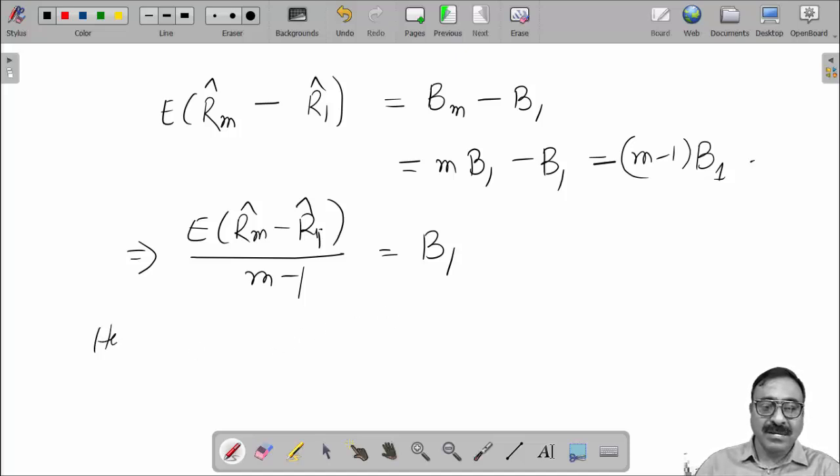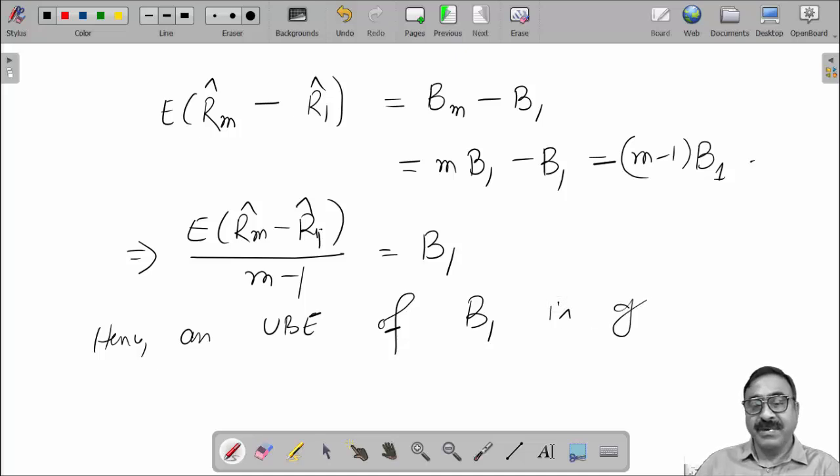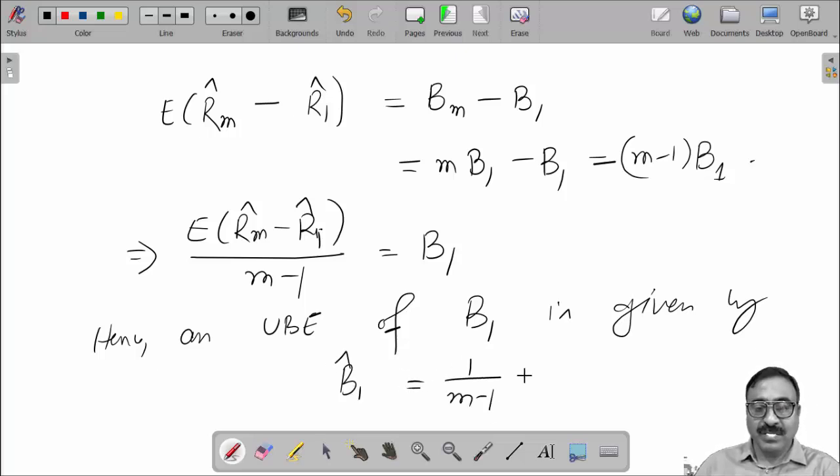Hence an unbiased estimator of B1 is given by B1 cap, that is equal to 1 by m minus 1 into Rm bar minus R1 cap. So here we find the unbiased estimate of the bias of the ratio estimator R1.